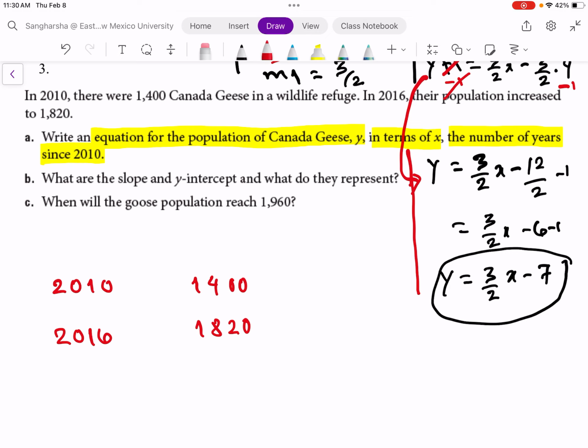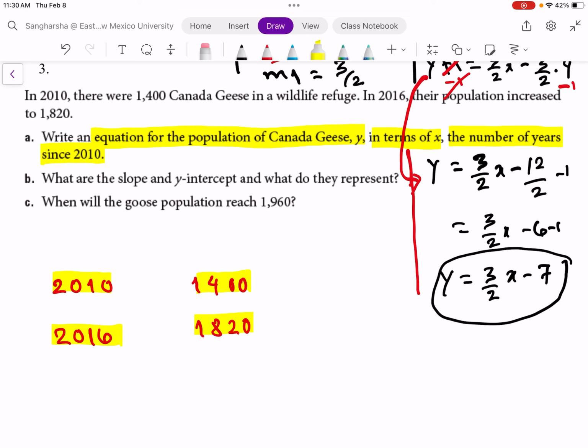Now in part A, it tells us to write the equation for the population of Canada geese, y. So y is the population of Canada geese. Which of these is y: 2010, 1400, 1820, or 2016? How have they defined y? Population of geese.